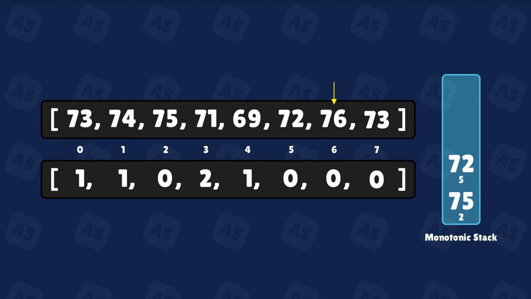Moving to the 7th day, we compare it against the stored elements and find it's the warmest temperature of all the saved days. So, we set the results for the 6th and 3rd days, delete them, and save the 7th day. Finally, we reach the last day. We compare it, but don't find a match, so we just store it. And that's it. We've finished building our result array.